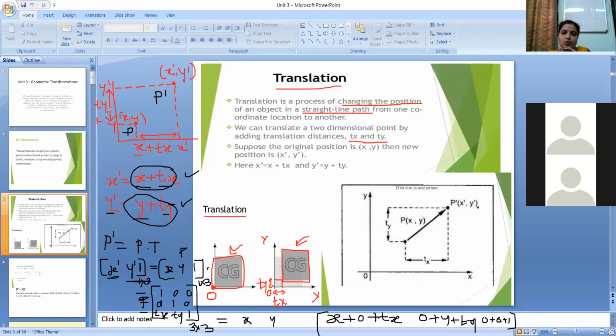This translation process I have converted into a matrix multiplication.